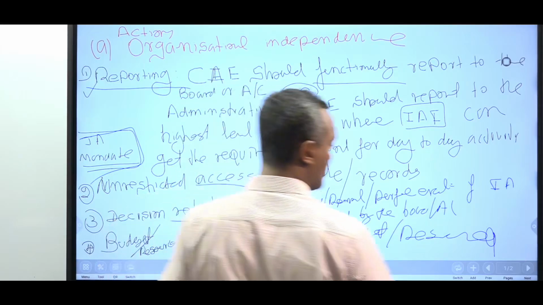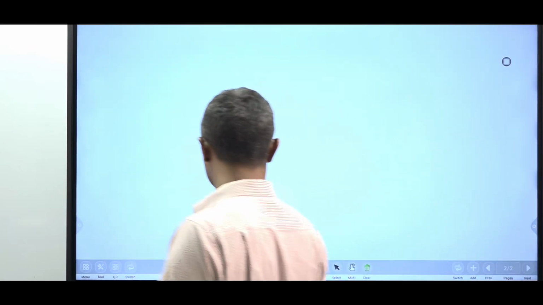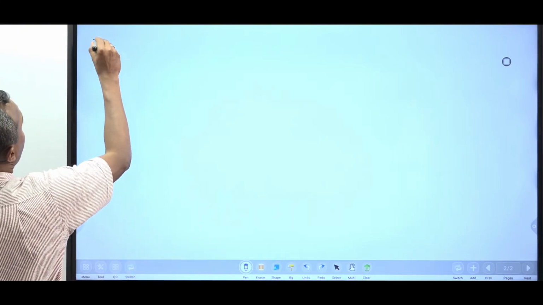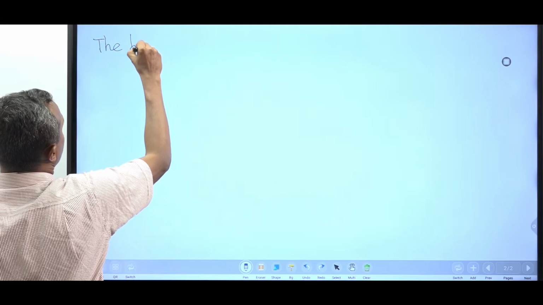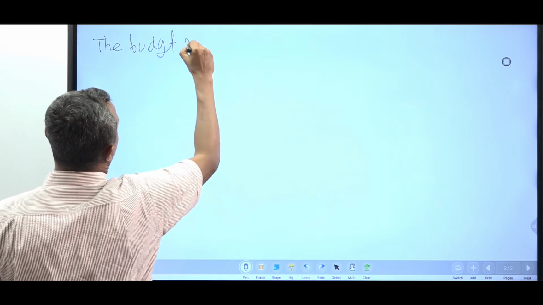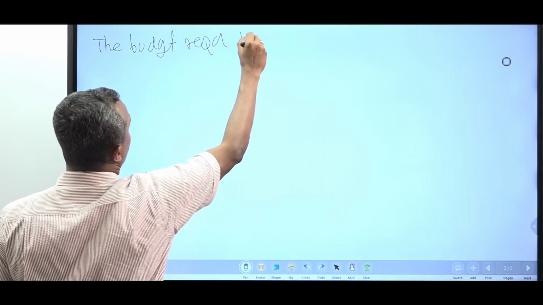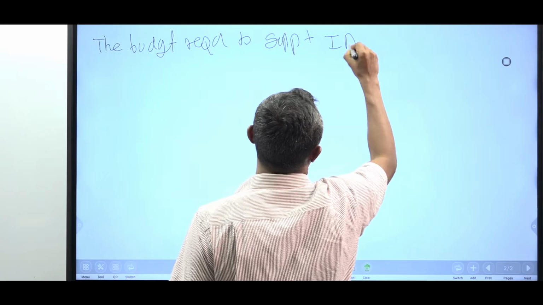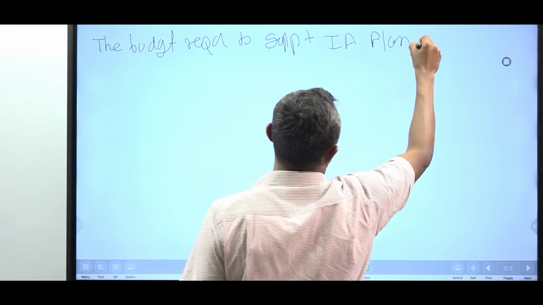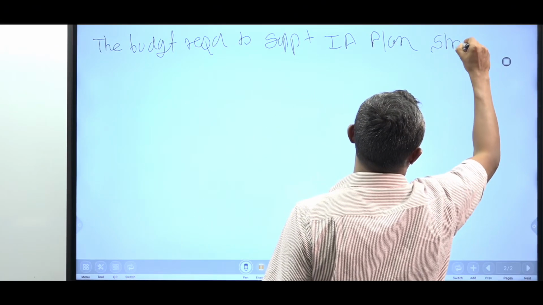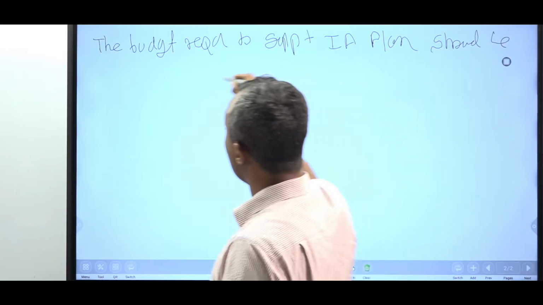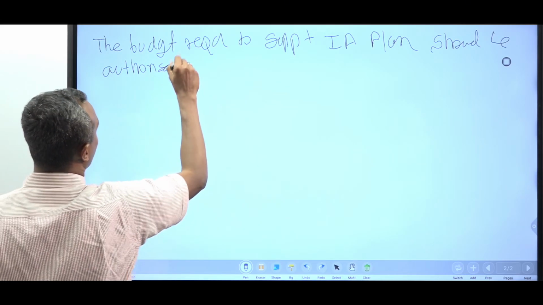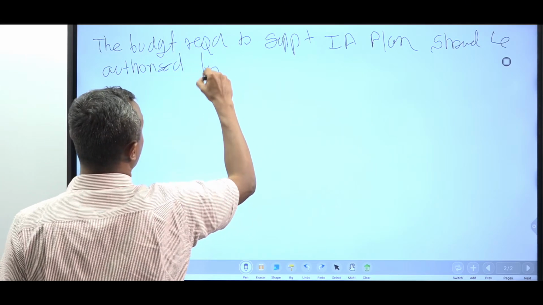So what you need to say is: the budget required to support the internal audit plan should be authorized by the board, not by the CFO or CEO. There's a greater chance of cutting the budget. Authorized by the board as a whole, right?